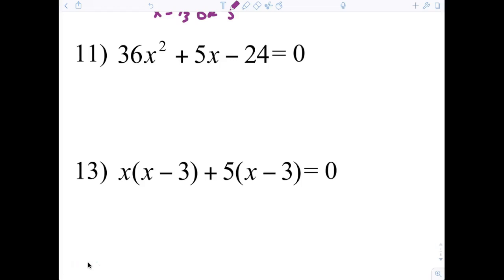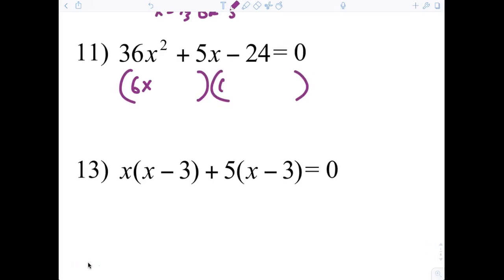All right, let's talk about 36 for a quick second. 36x squared. Generally I said to start with the middle factor. So if we tried 6x and 6x, what is the problem? The factors of 24, no matter what, are going to have an even number in there, and there's nowhere to put it.